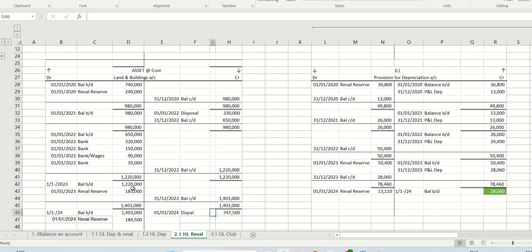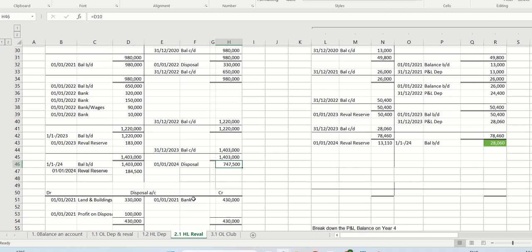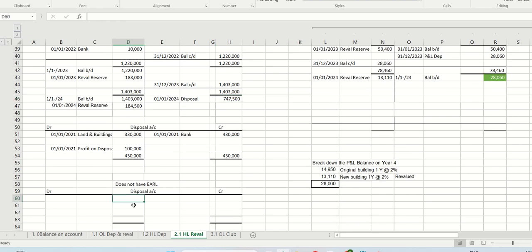So we're crediting the asset account, reducing it because it's sold, 747,500. And to complete the double entry in your disposal T account, you're putting that value, the cost of the asset, from the cost column in the Reval table. Lovely. Okay, so that's coming out of there.